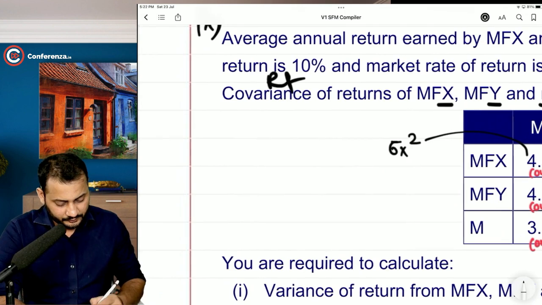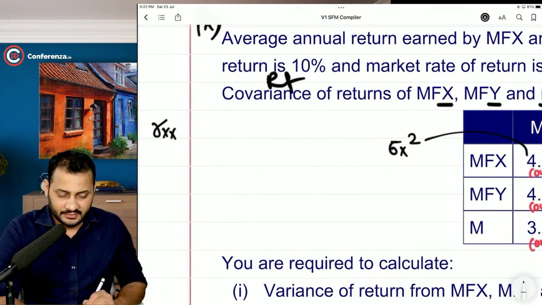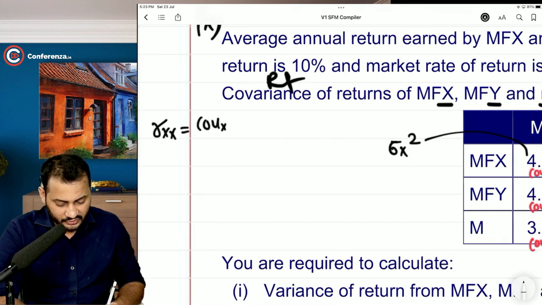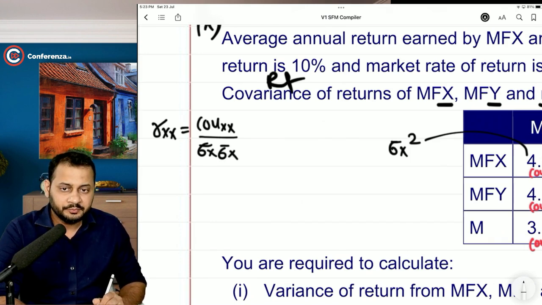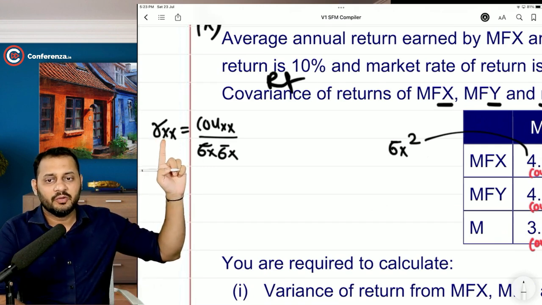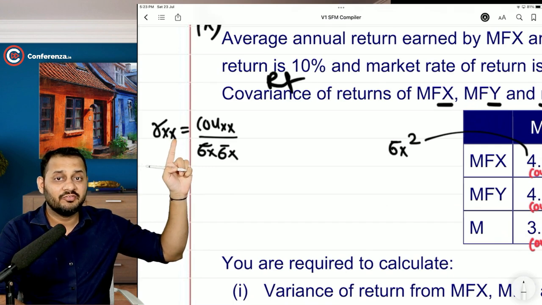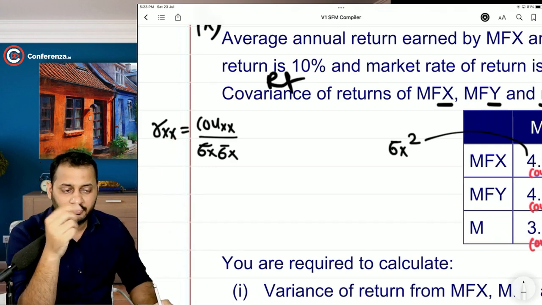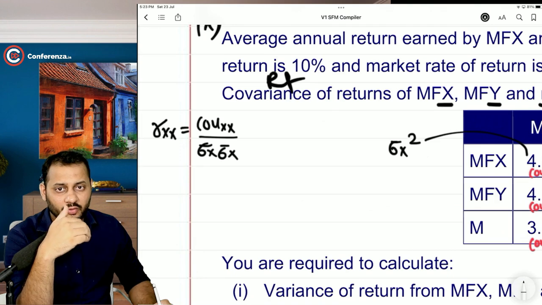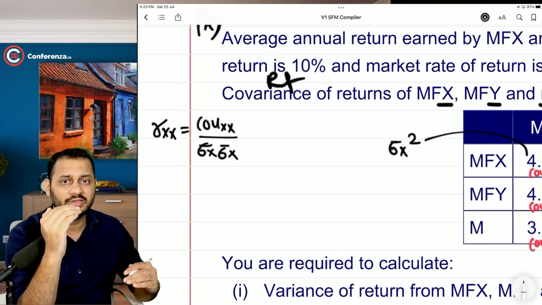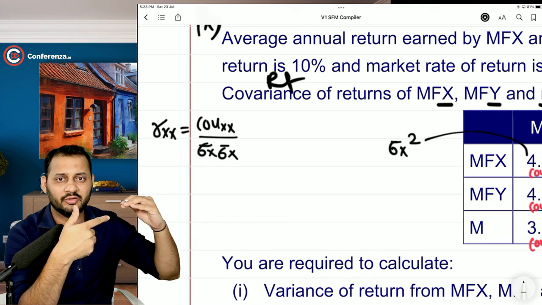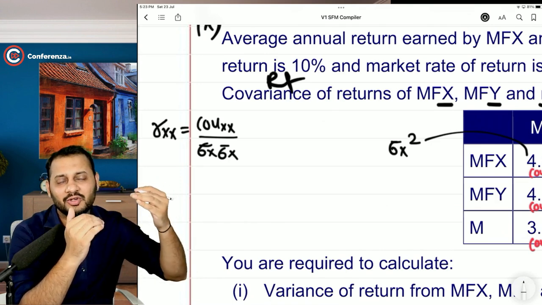Let's write down the formula: correlation of X with X is equal to covariance of X with X divided by standard deviation of X into standard deviation of X. Now one thing is very clear to us. The correlation of a particular stock with itself will always be 1. Because if I say Tata Motors is going up by 10%, then the second security is also Tata Motors, which will also go up by 10%.